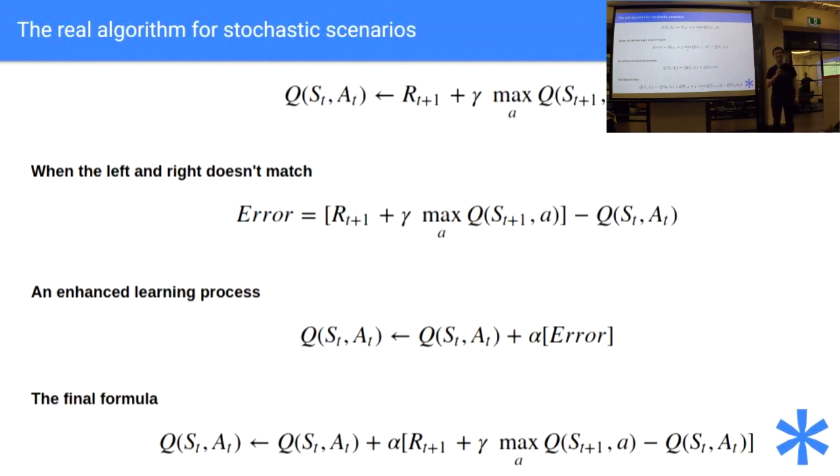The comment was, would the error be the difference between what you've experienced and what you already know, what you calculate you should have experienced based on what you know?